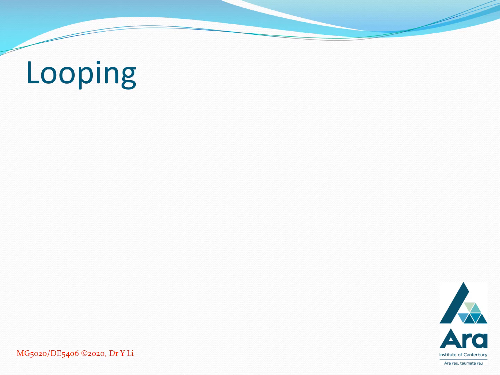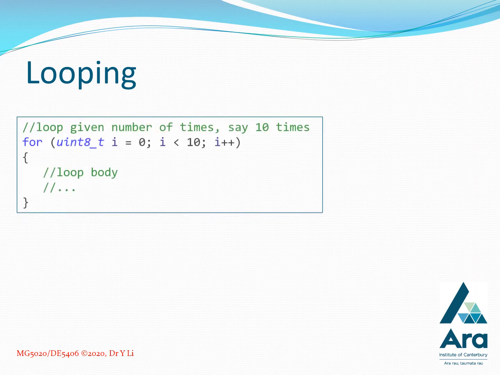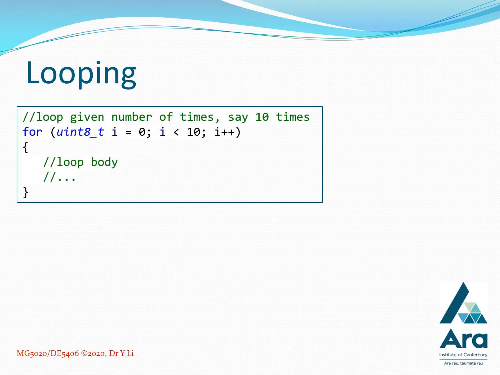In programming, if you want to do something again and again, you can use looping. If you want to loop a given number of times, say 10 times, in C language you can use a for loop.